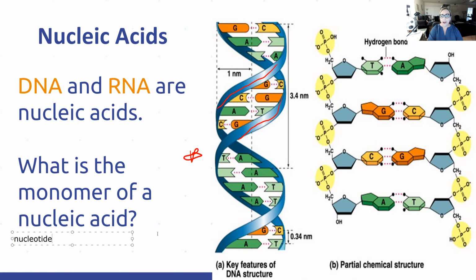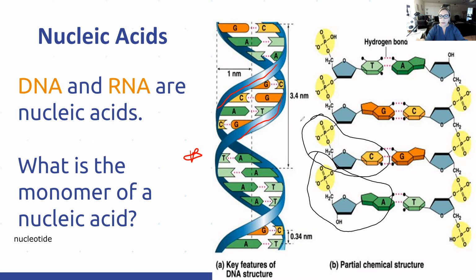So your nucleotide is right here. Okay, that is a nucleotide. So here is another nucleotide and another. Now, those nucleotides, notice I circled them all going down one column.